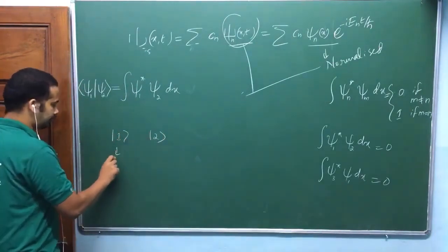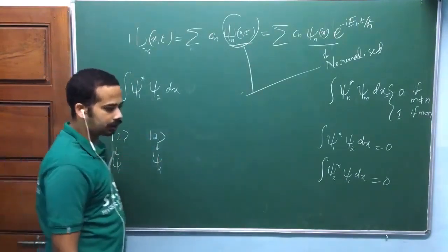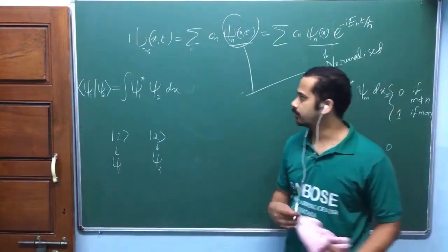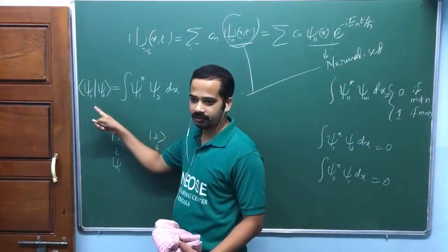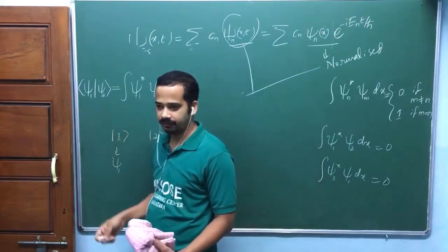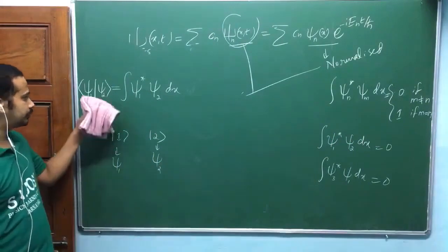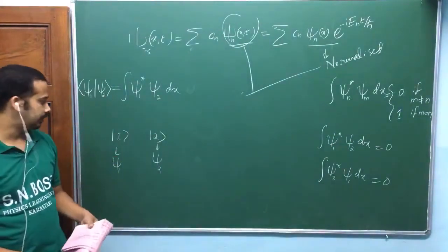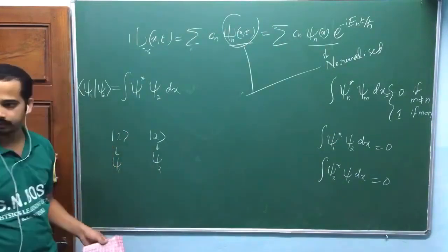Take it as psi 1 and psi 2 right now. Later, after working out Dirac notation, you will feel it is easy. You don't have to write the integral at all; you can write some symbol here and some other symbol there. That's why it's quite handy. But right now, since I haven't introduced Dirac notation in any MCQ problem that I gave, if you find this kind of thing, take this one as psi 1 and this one as psi 2.